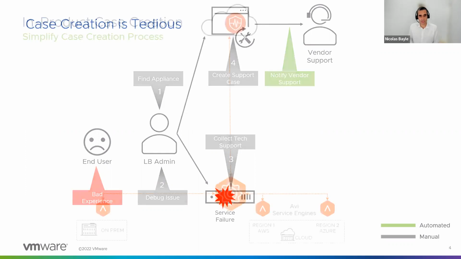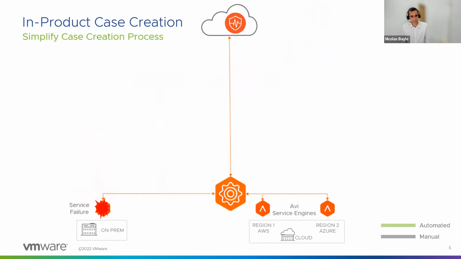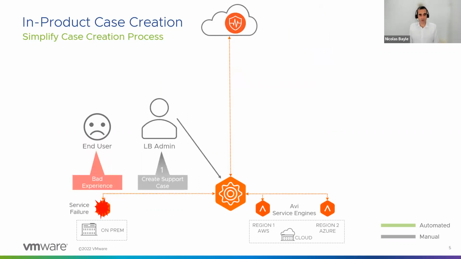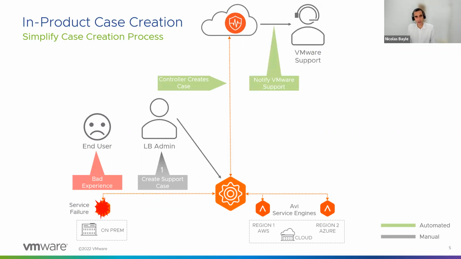So how can we do that? Well, the idea is if there is a system failure here, we can directly connect to the AVI controller. And from the UI of the AVI controller, we can create a CSR, we can create a case, right? A support case. So automatically, we can say from the AVI controller, I have an issue with this service engine. And you know what? The AVI controller knows your environment, right?